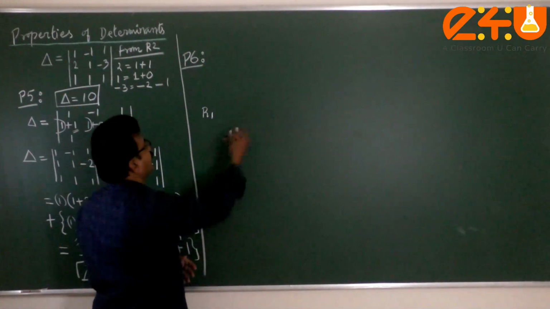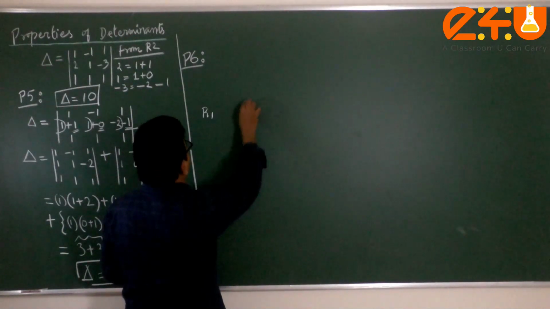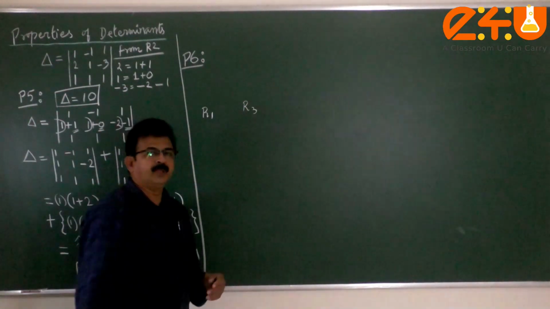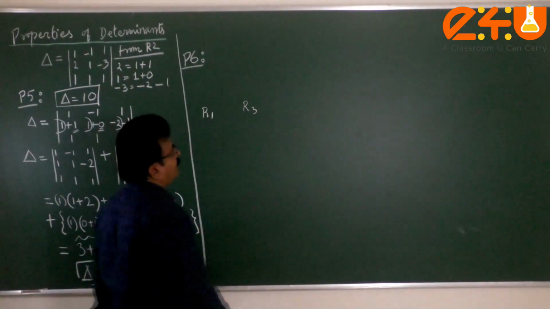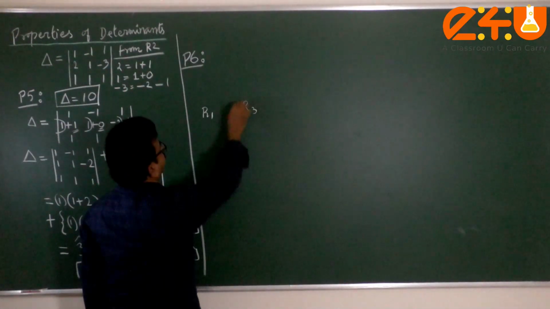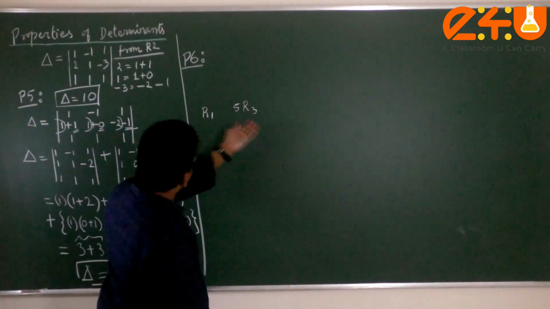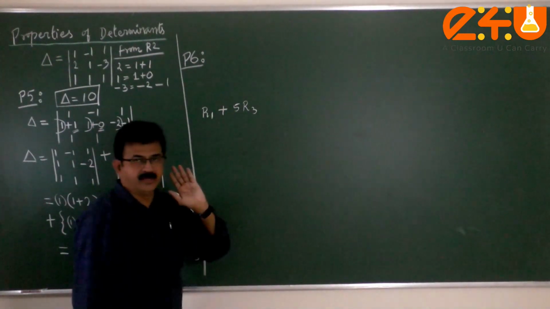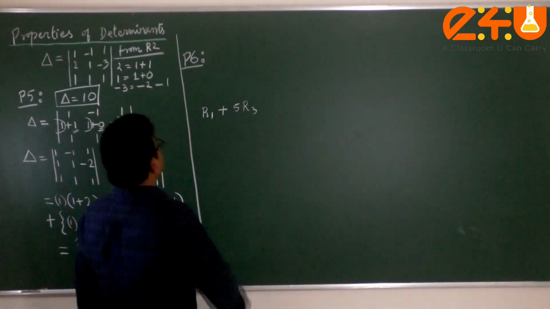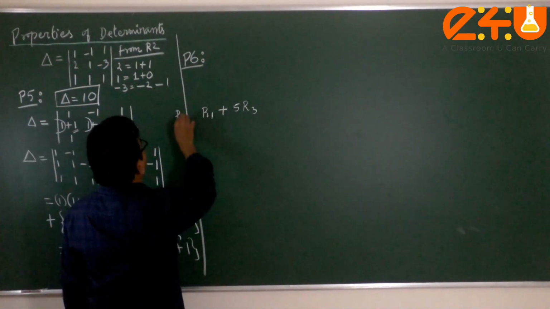And consider any other row, row 2 or row 3 for example. You can multiply this with any scalar, for example 5 times, and add it to row 1, or subtract it from row 1. Store it in row 1 again.